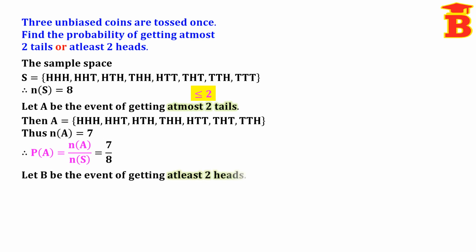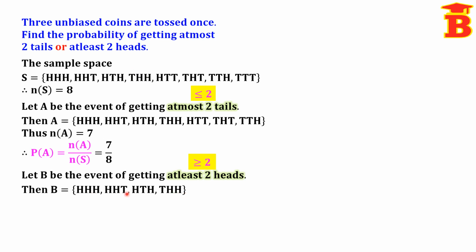Next let B denote at least 2 heads. So take capital B be the event of at least 2 heads. At least 2, so minimum 2. Mathematically we take it as greater than or equal to 2. So see the sample space and write all the greater than or equal to 2 heads. That is 2 heads and 3 heads. So we write HHH, HHT, HTH, THH.